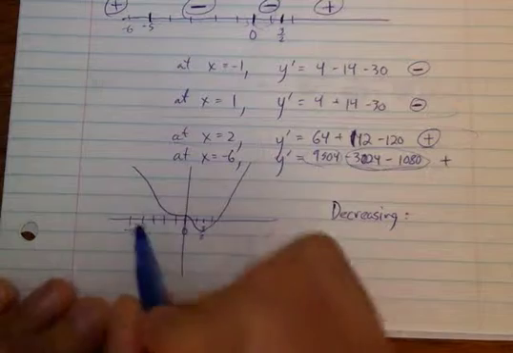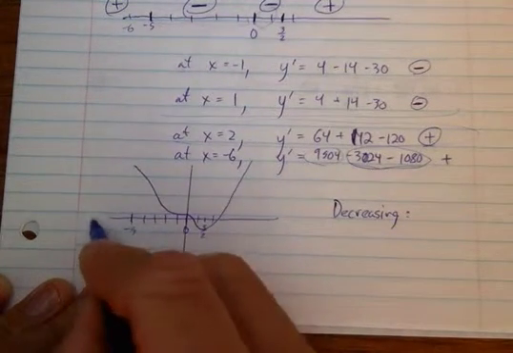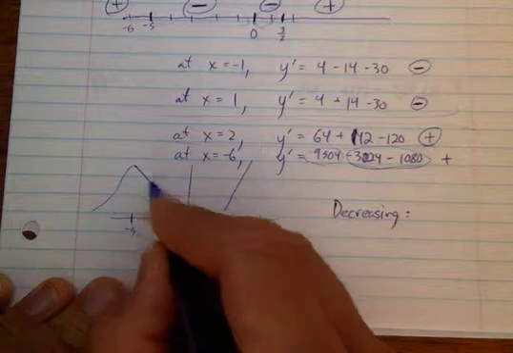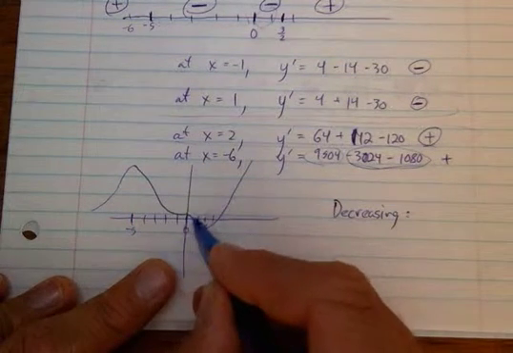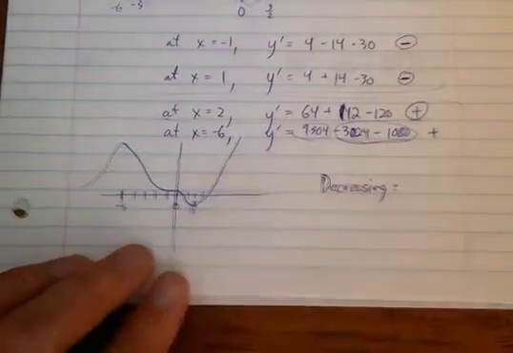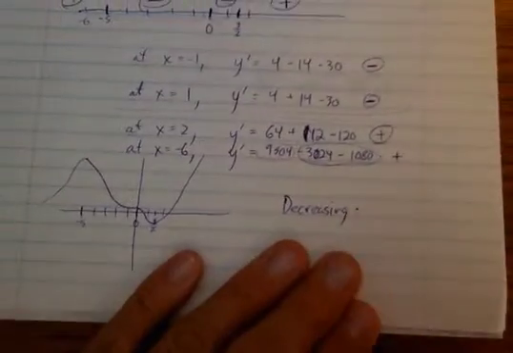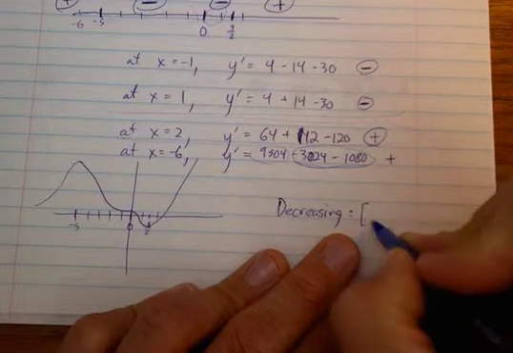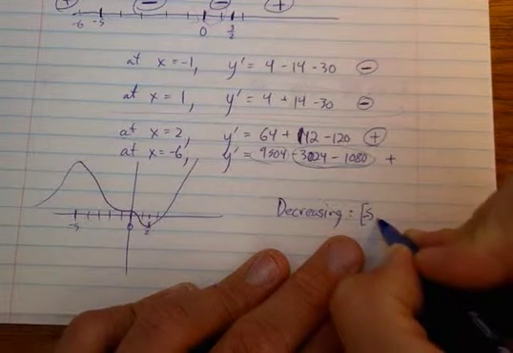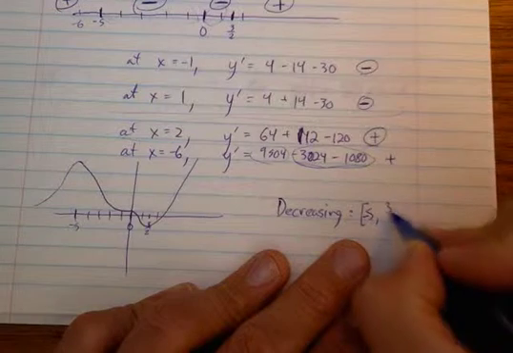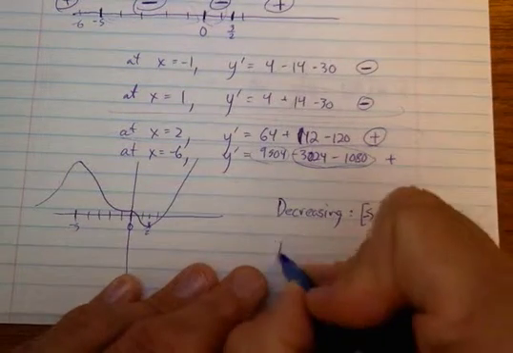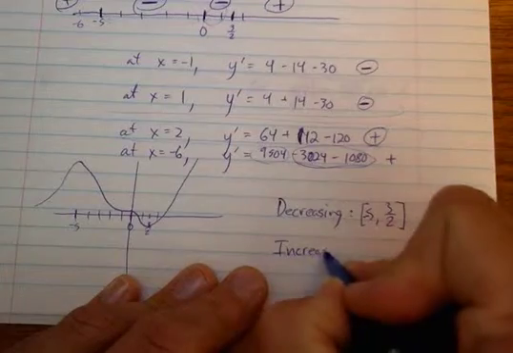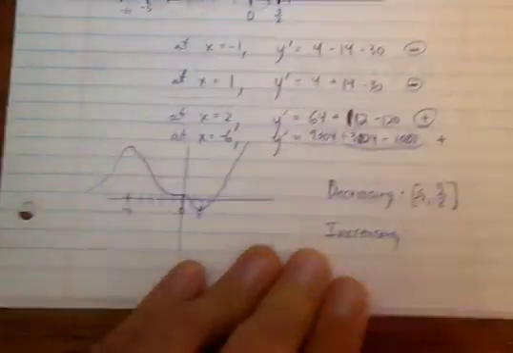So what that tells us about our graph is that from here, it went from positive slope to negative slope. And here something happened, but it's still negative. And then here, it goes positive again. So we could say it's decreasing on the interval of -5 to 3/2, and increasing from, well, where does it start?